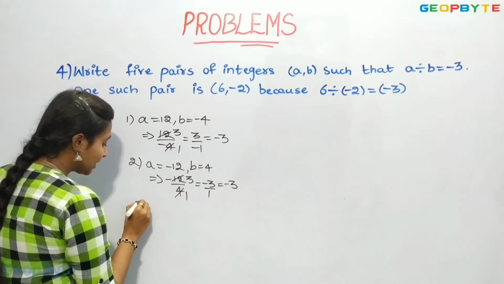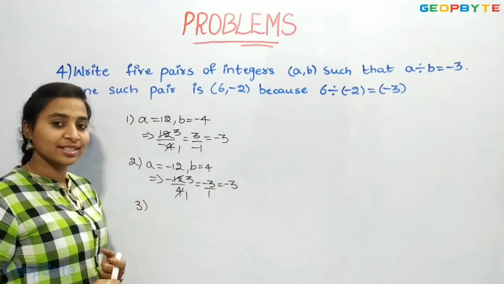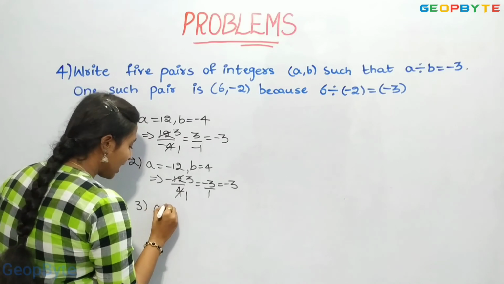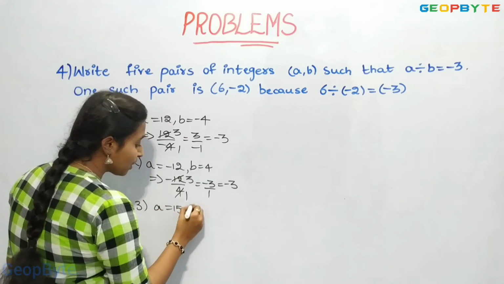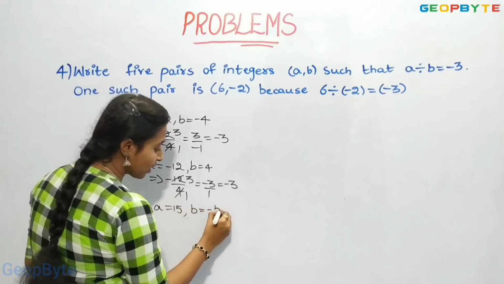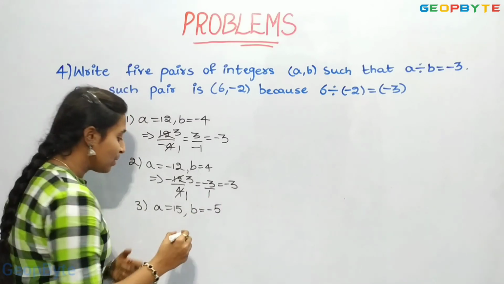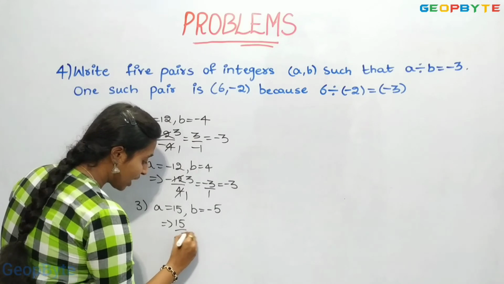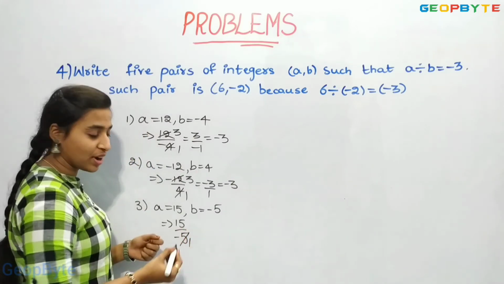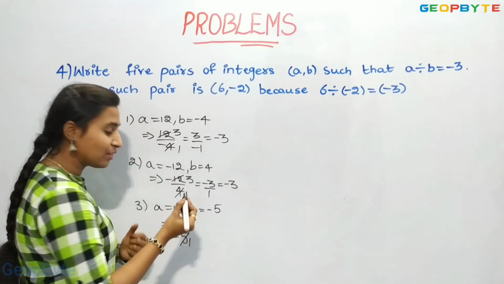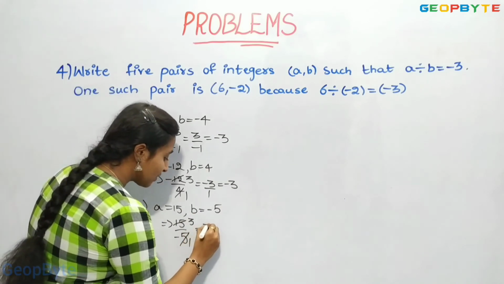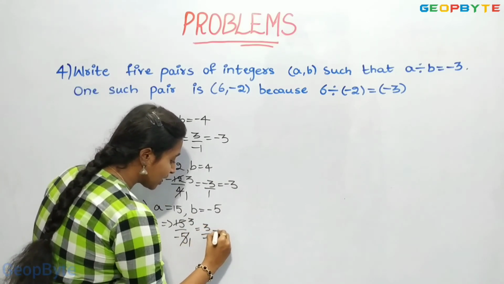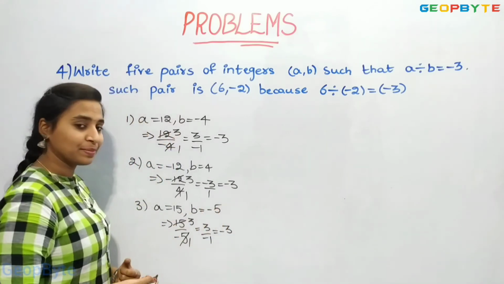Now, let us take the third condition as a is equal to 15, b is equal to minus 5. Now, we can write 15 by minus 5. 5 ones are 5. 5 threes are 15. That is 3 by minus 1 is equal to minus 3.